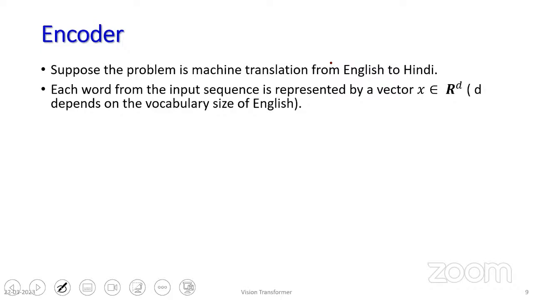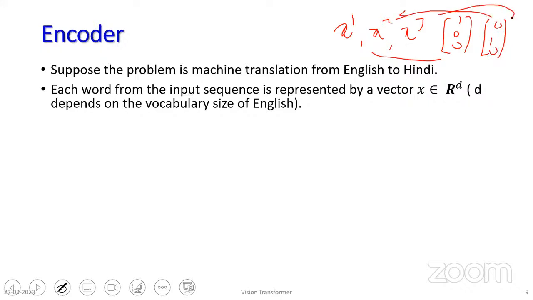For the time being, suppose there are only 3 words in the vocabulary, say X1, X2, X3. Then these are encoded like 100 for the first word, 010 for the second word, and 001 for the third word. In this way, one hot encoding exists even for machine translation or natural language processing jobs.